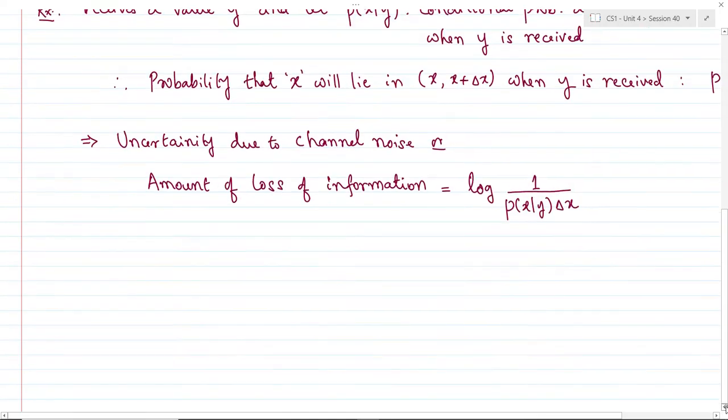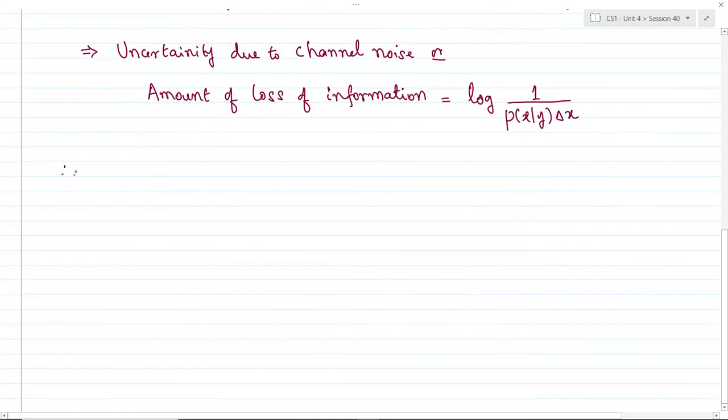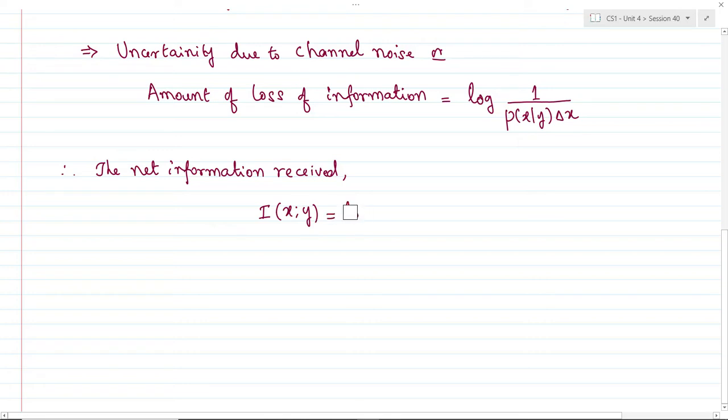Therefore, we can quickly write that the net information received, or the net information transmitted over a lossy channel, would be represented as I(x; y), which is the difference of what is transmitted minus the loss of information.